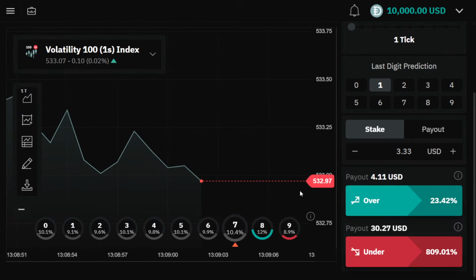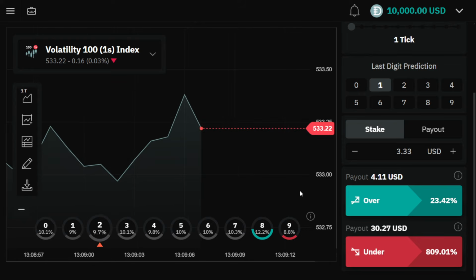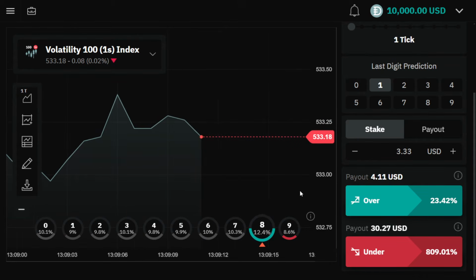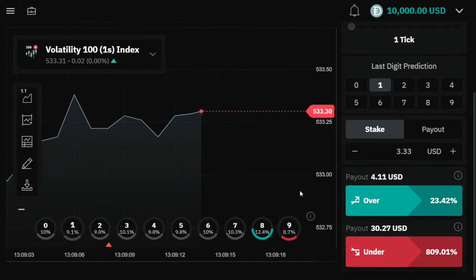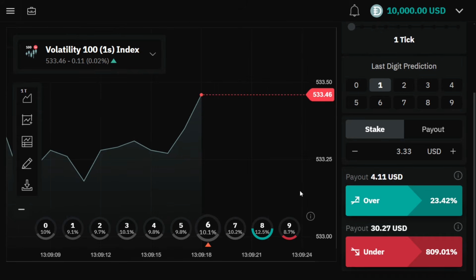If the green circle is, let's say, 12%, as you can see in my chart, no number from 2, 1, or 0 should be nearing 11.2%. All the numbers should be from 11.2% going below, so as to avoid risk.